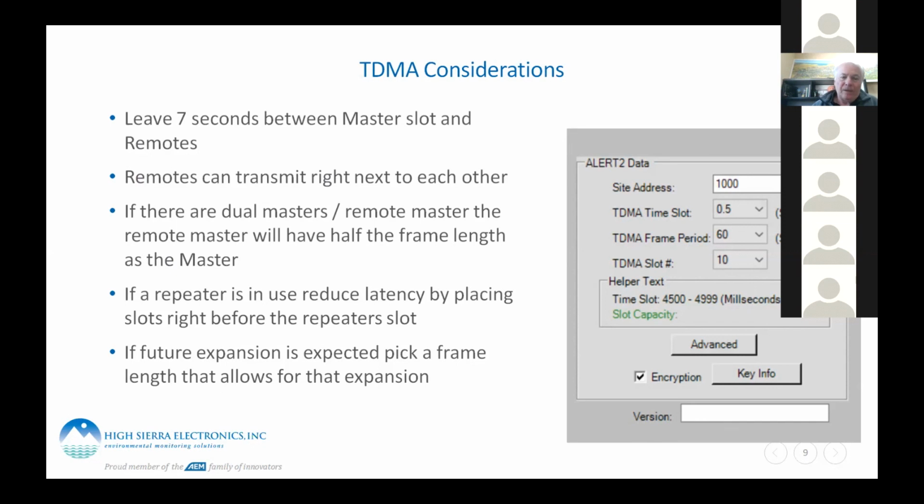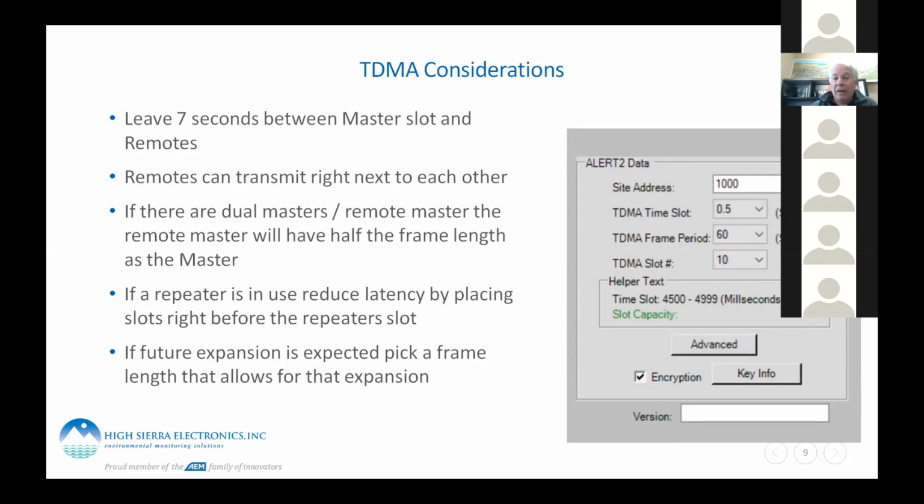If a repeater is in use, then you definitely want, just like in a standard Alert 2 system, the sites going through the repeater as close as possible to the repeater's transmit period to reduce latency.